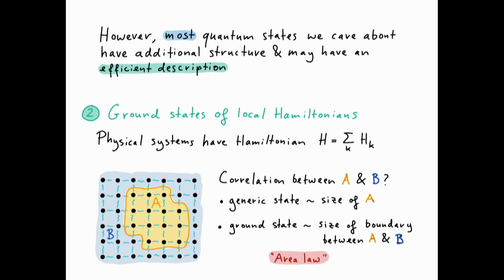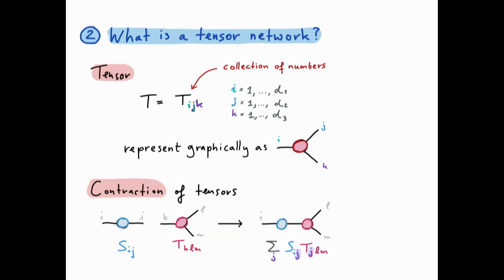So the message of this part is that ground states of local Hamiltonians somehow have local correlations, and we could hope maybe for some efficient description here, because these correlations are local and not global. All right, so now I will tell you a little bit about what a tensor network is.